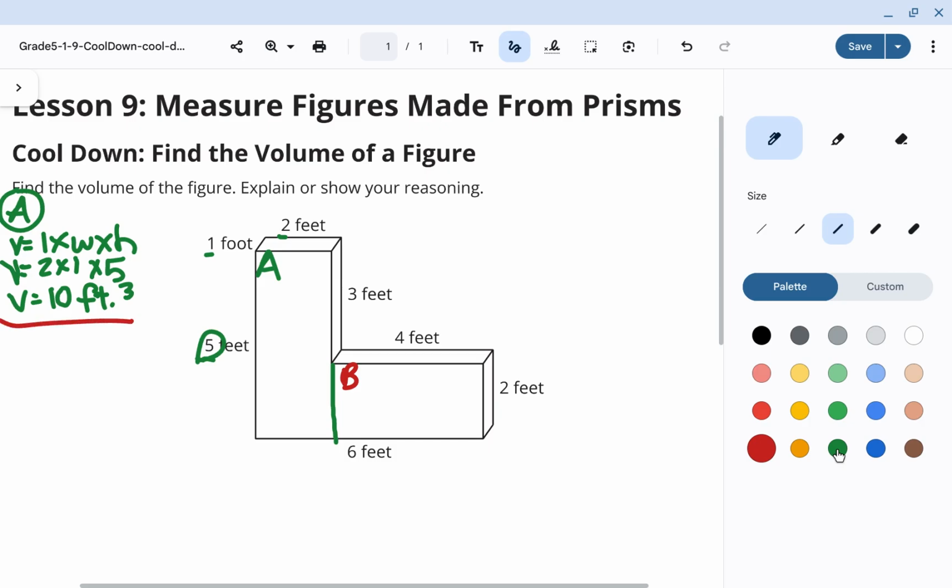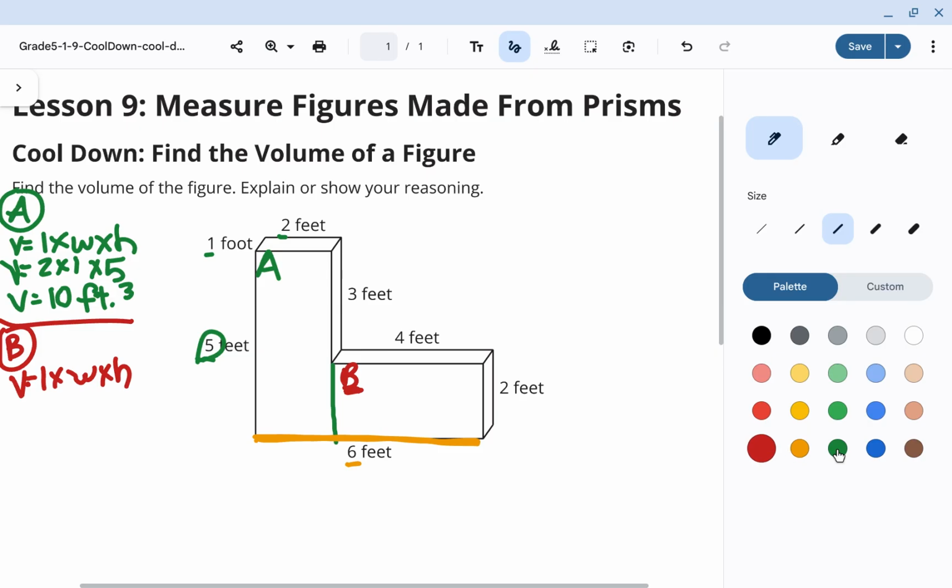Now we're going to calculate the volume of prism B, because in our strategy we have divided this into individual prisms so that we can find their volume. Then we'll add those numbers together. One thing that we must be careful of, a very common misconception, is that sometimes I've noticed students will see this 6 and label the length of B as 6.